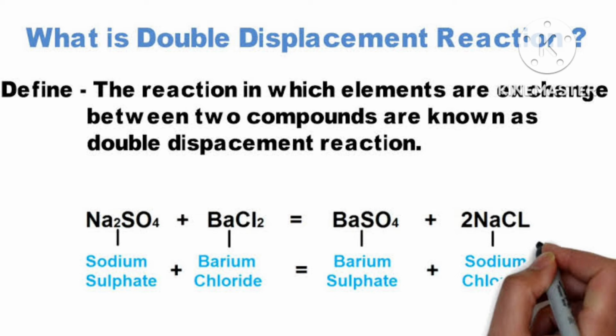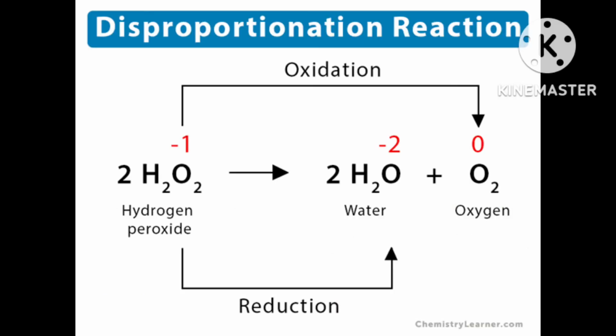In this type of reaction, the reactant will be in the intermediate state. Here oxygen is -1 and the products are H2O plus O2. In O2 the oxidation state is 0, and in H2O it is -2. In the reactant, the peroxide, oxygen was -1.